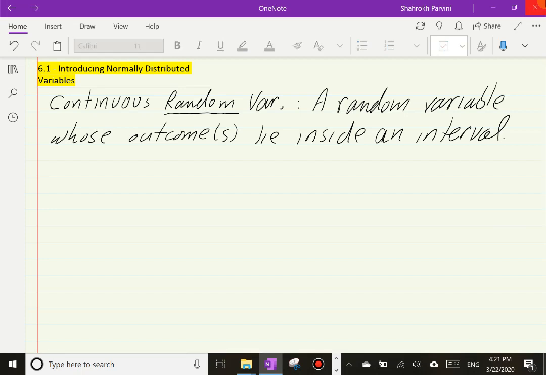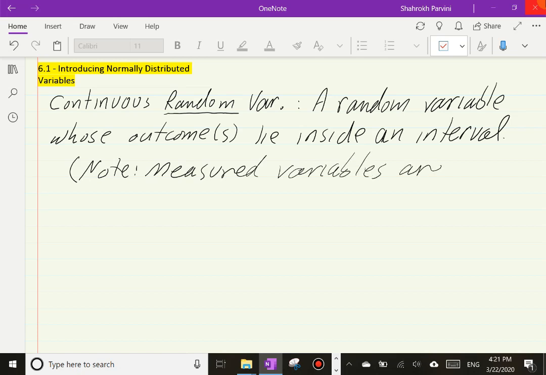So remember, one thing I mentioned was that anything that is measured, let me just put a note on that one. Note, all measured quantities, measured variables, let's call them. All measured variables are continuous. Okay.